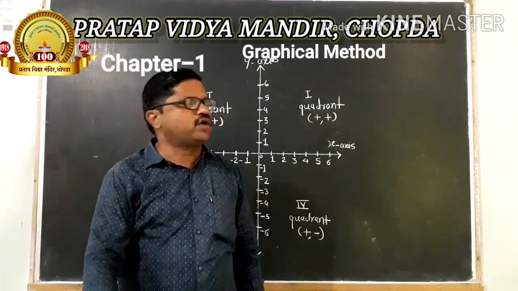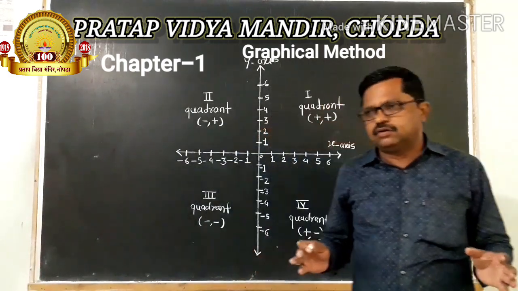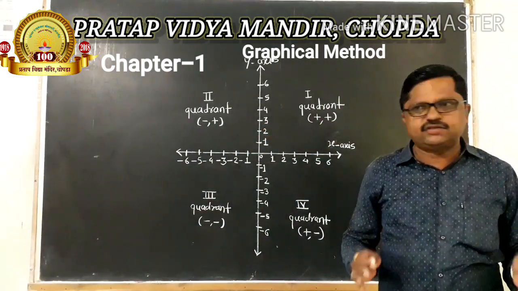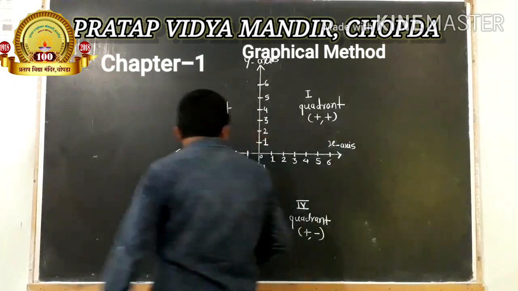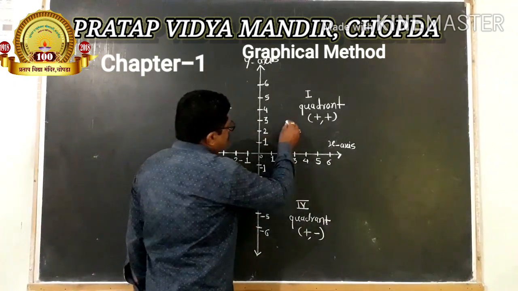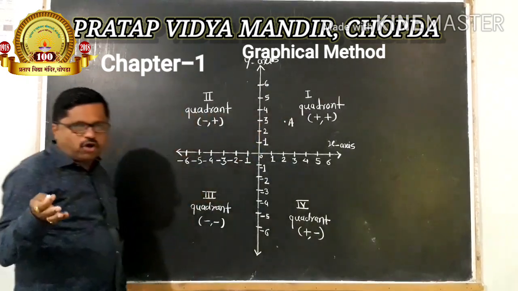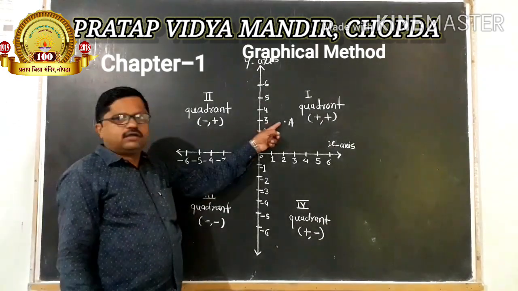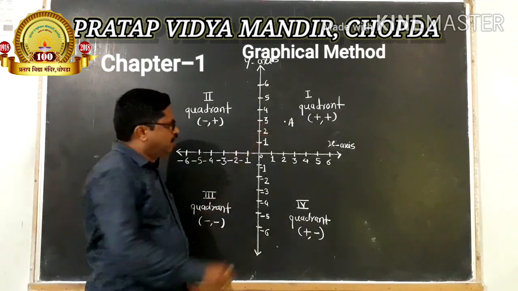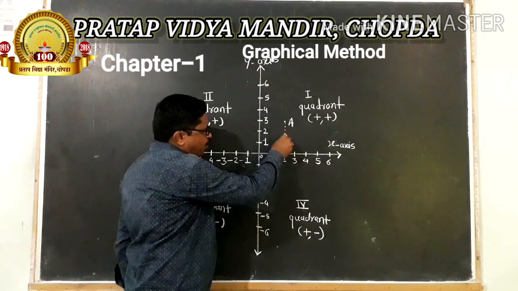Now, students, how do we take the coordinates of a given point, that is, the x coordinate or the y coordinate? Look here. This is point A, and if you want to find the x coordinate and y coordinate of this point A, how do you find it? Draw a perpendicular from the given point.